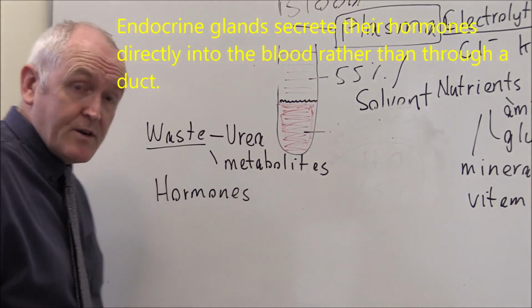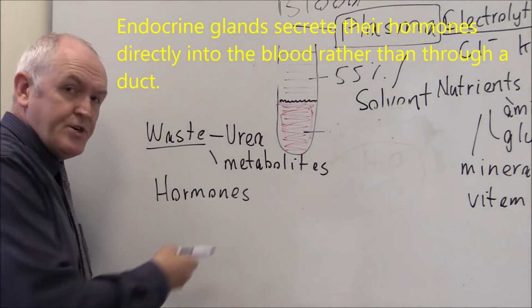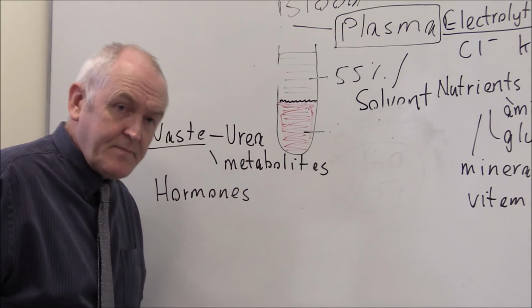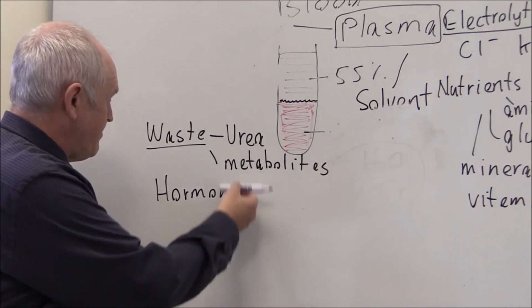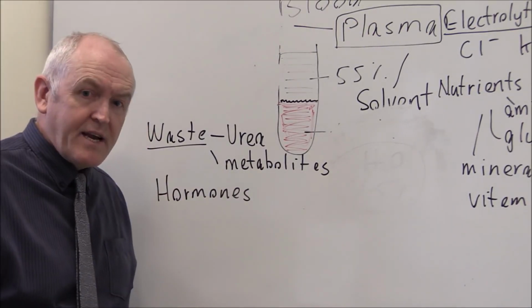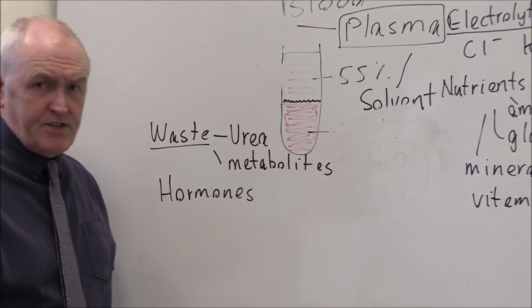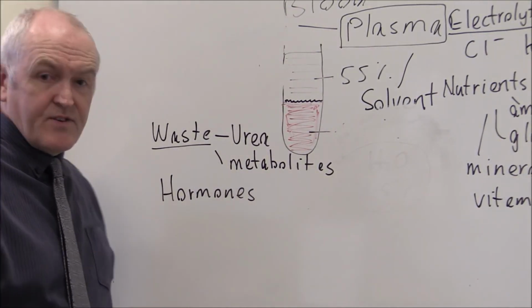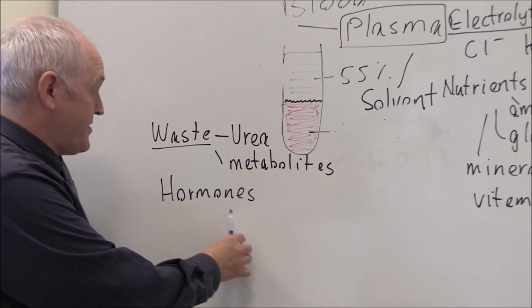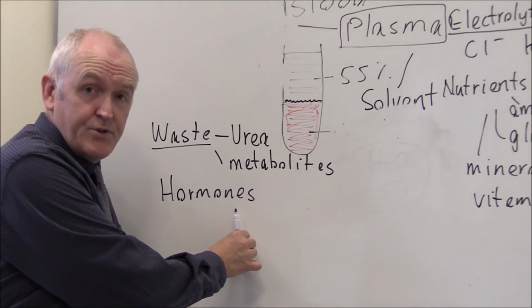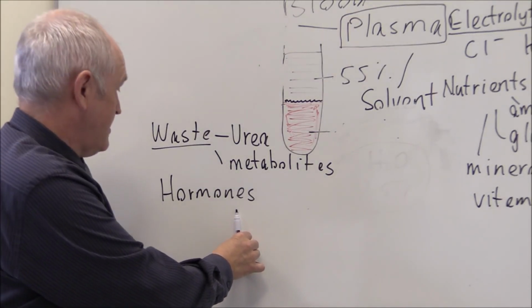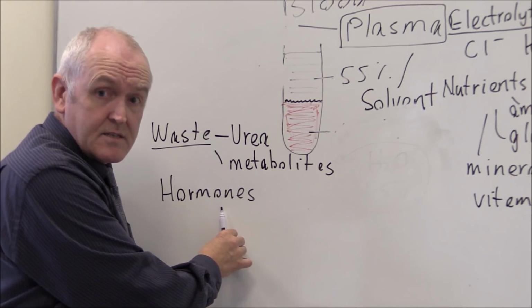A hormone is a chemical messenger. It's produced by an endocrine gland. It's carried in the blood from the endocrine gland to its target tissue. And of course there are many of these. You might think of insulin, produced in the beta cells of the pancreatic islets.